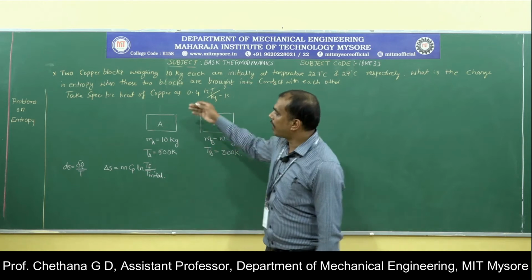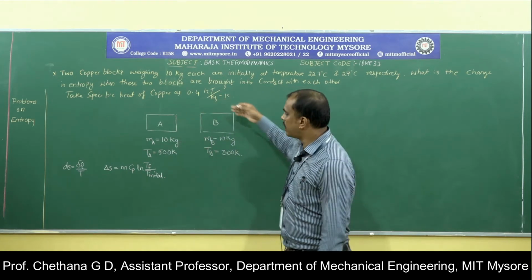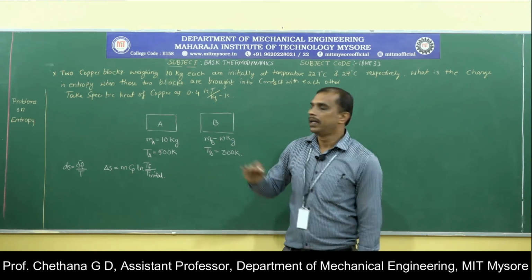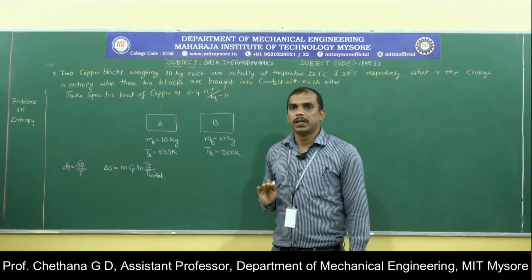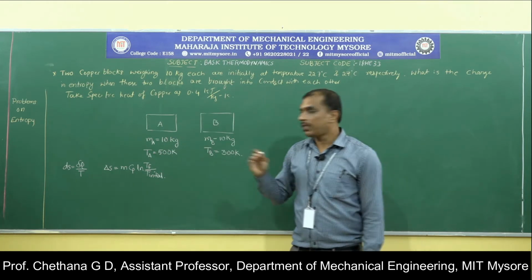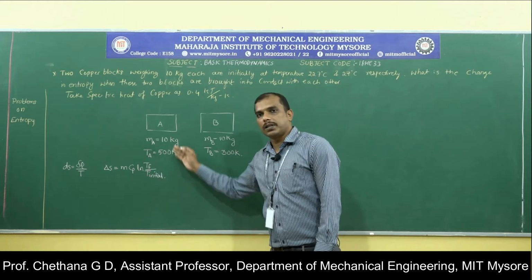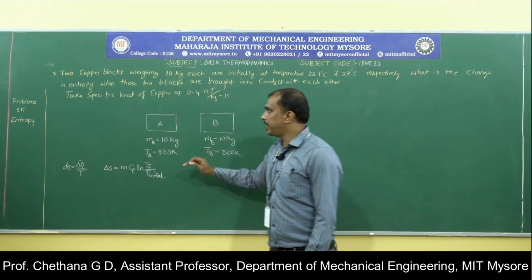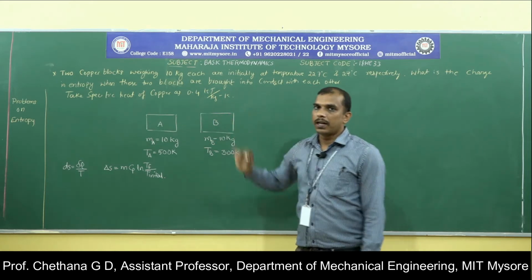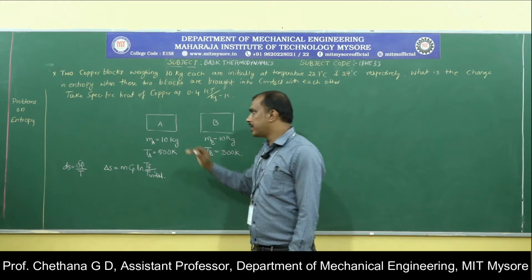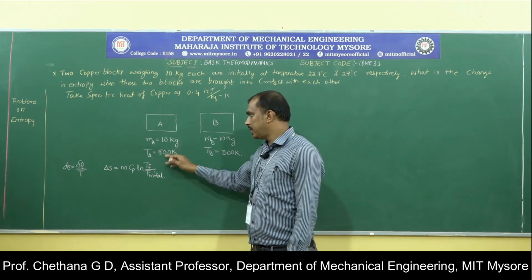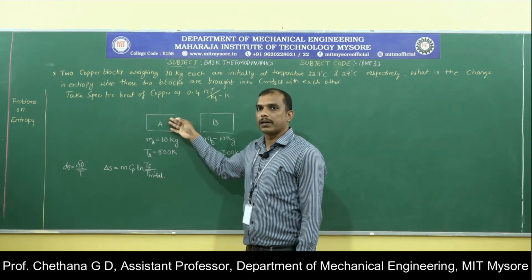The final temperature for body A will be the same as for body B, because at that point heat transfer stops. So we are interested in T final. If we have T final, we can use this equation to find the change in entropy of body A and of body B. You can also imagine that since body A will be losing heat, delta Q will be negative here.